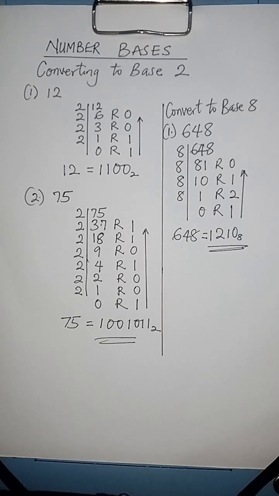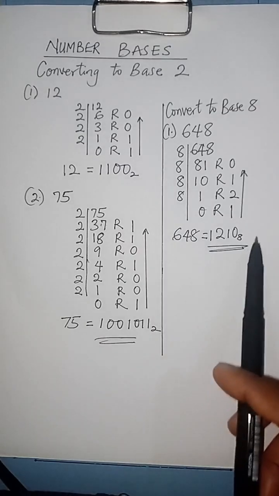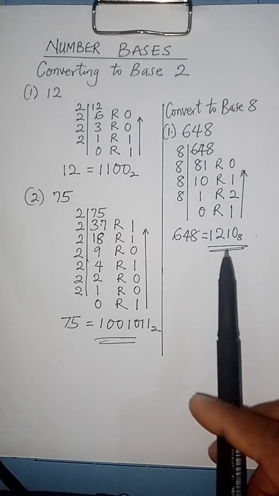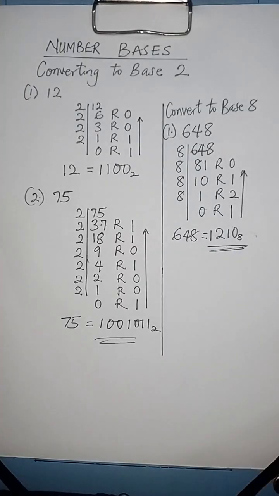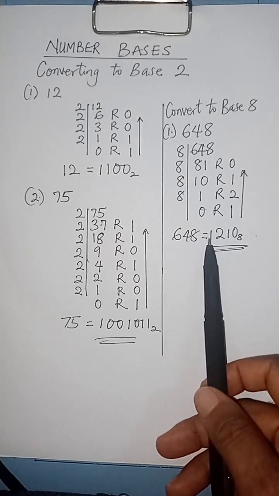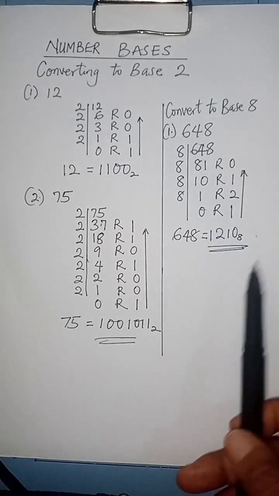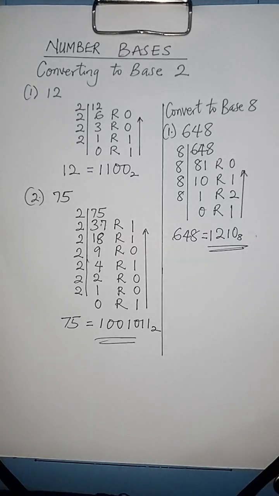Now, in the case of this one, you notice that the digits that make up the conversion are not just 1 and 0. You have 2 here. So what's the point? The digit you have in the result is usually less than the base. It is not equal to, neither is it greater than the base.